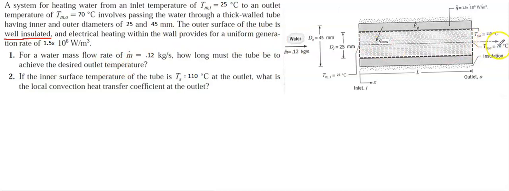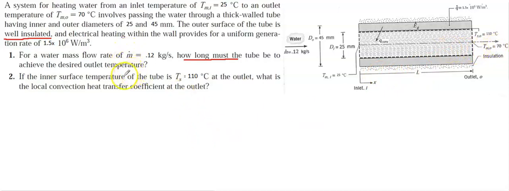So to get this 70 degrees centigrade, how long must the tube be? That means we need to actually calculate the length. From this entrance, this is the inlet and this is the outlet. How much length do we need to achieve this temperature of 70 degrees centigrade?